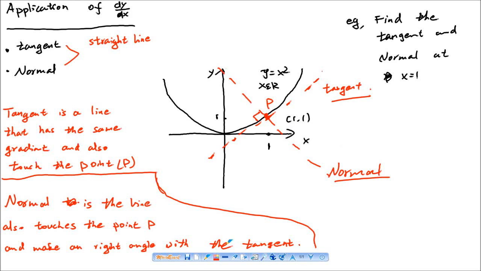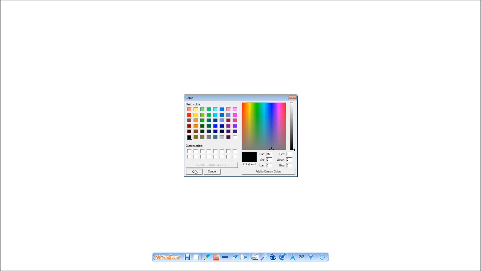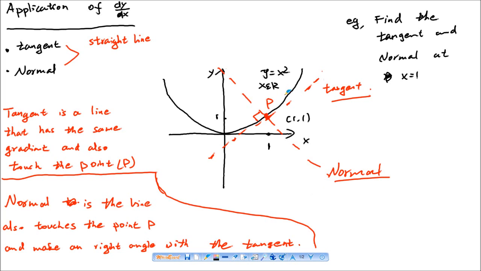Let me do these problems and show you. Let's look at the graph. The coordinate is (1, 1), and we need to find the tangent first.